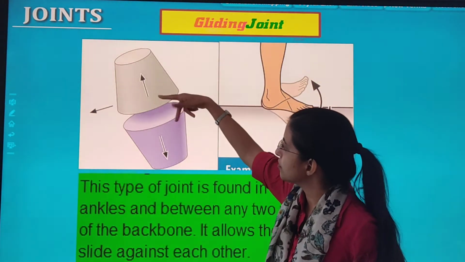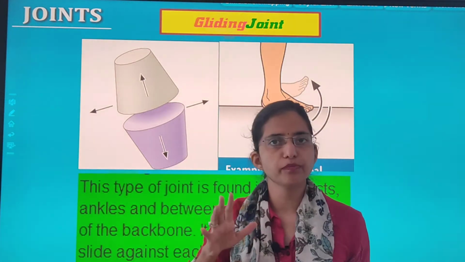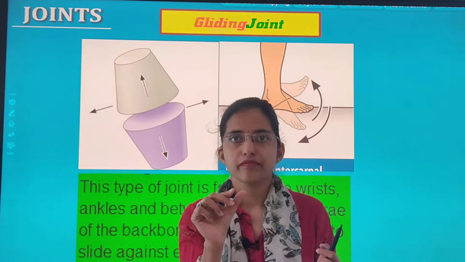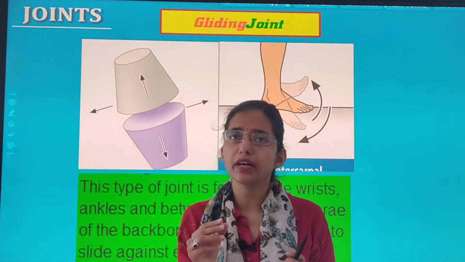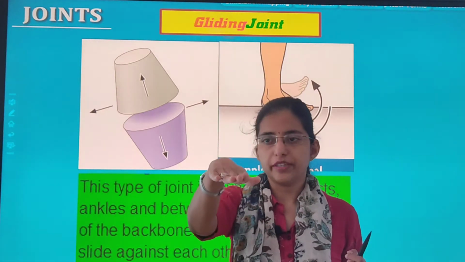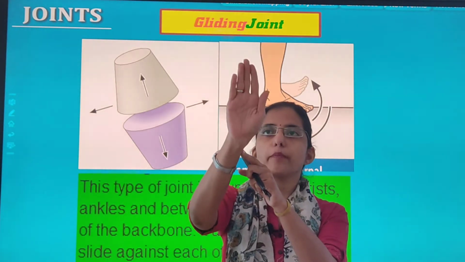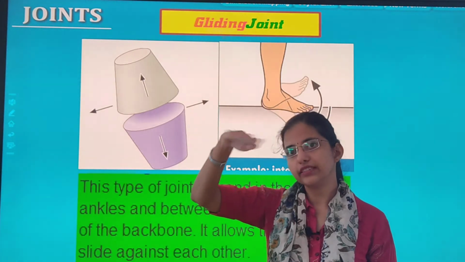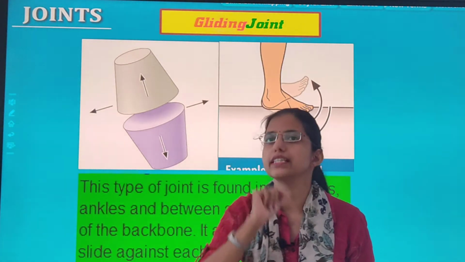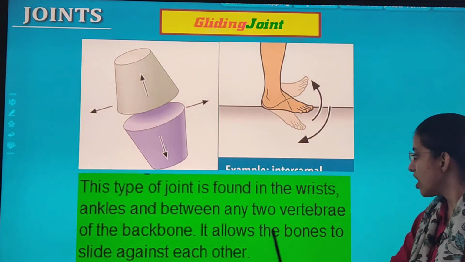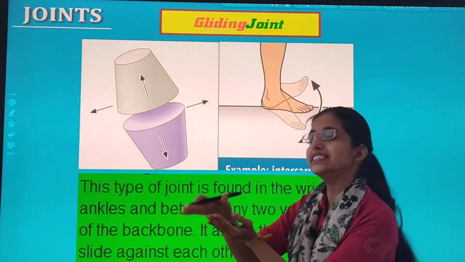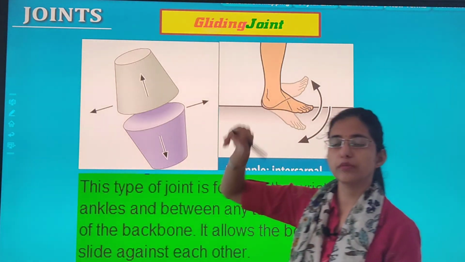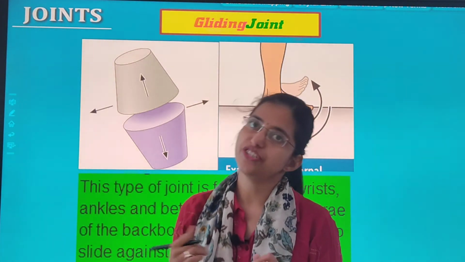Two flat bones join, and the movement is possible in all directions but it is less. In the wrist, it can move upwards, downwards, sideways, but the movement is less. It allows the bones to slide against each other.